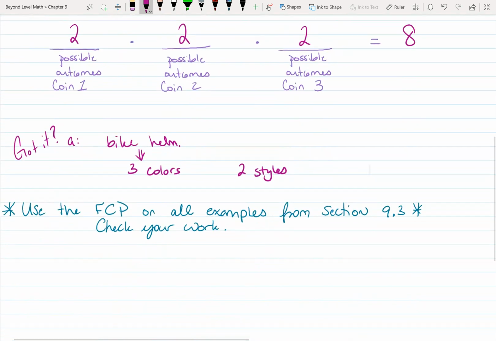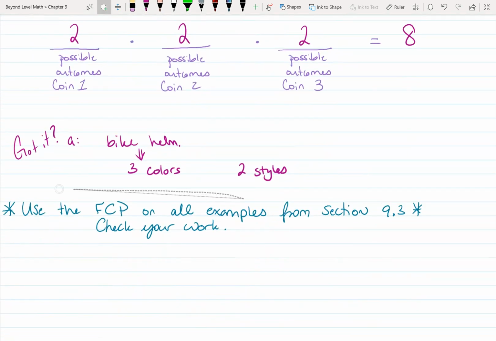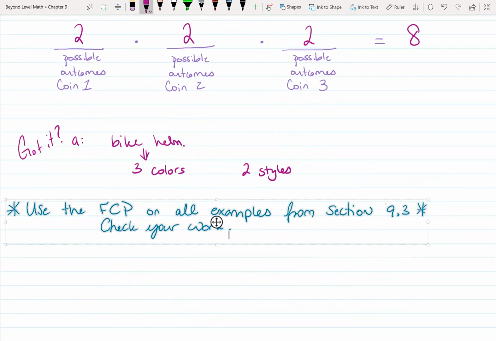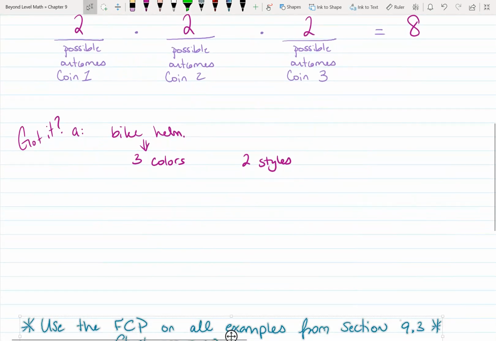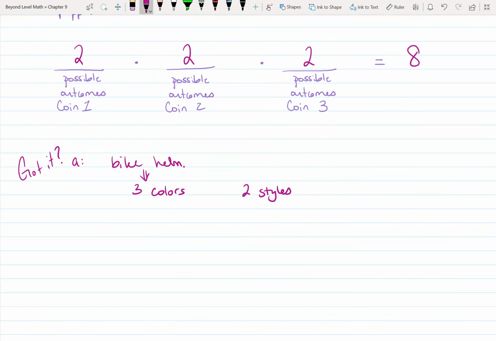So we would have written out the 3 colors and then drawn a diagram to the 2 styles. Instead, you've got 3 options for this one, 2 options for this one, multiply them together, and you've got 6 total options. And that's it. You're multiplying each set of outcomes by each other.